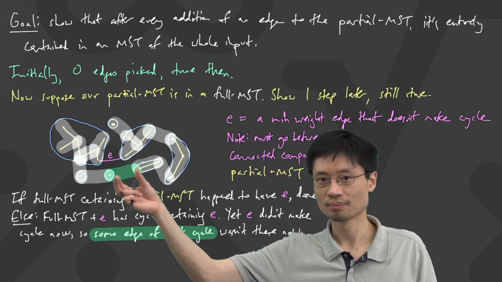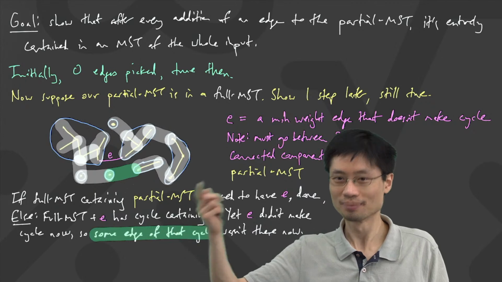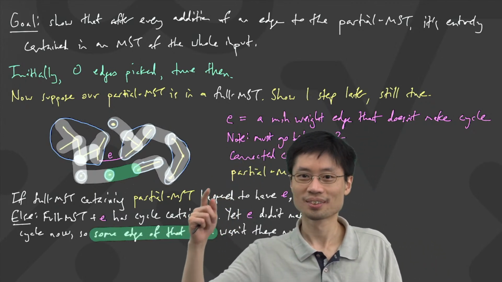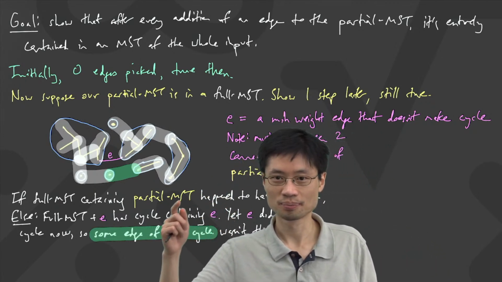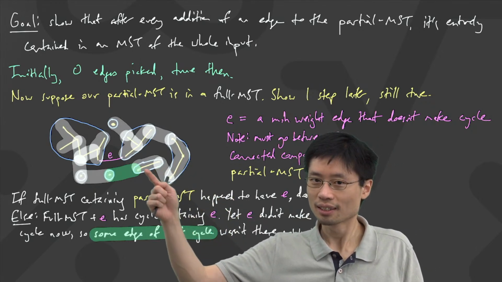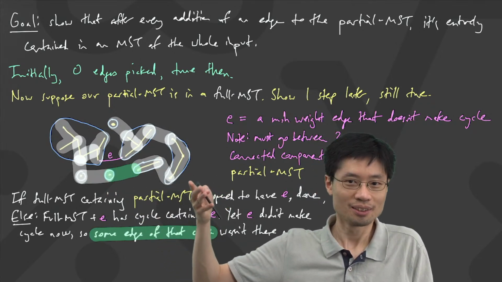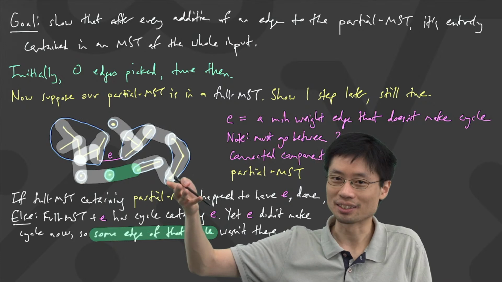Well, we know that this green thing was originally part of an MST, and so there's no cycles without E. And if we remove E, then clearly there's no cycles in the partial MST. So the key is that this green edge is part of the big white MST, so it's part of something that has no cycles.